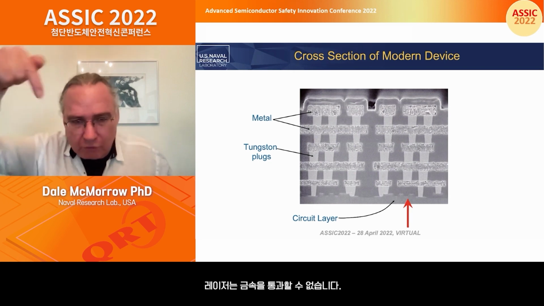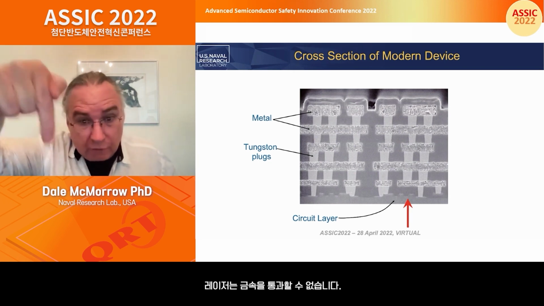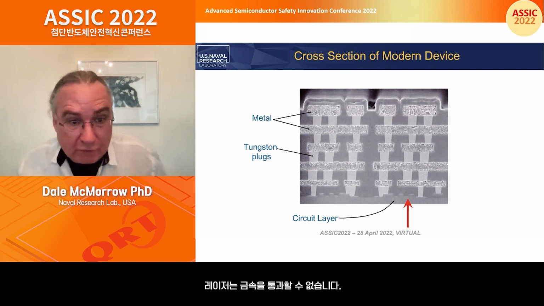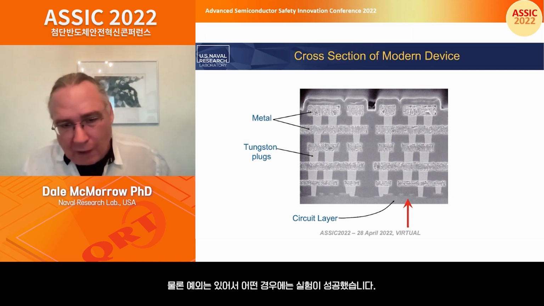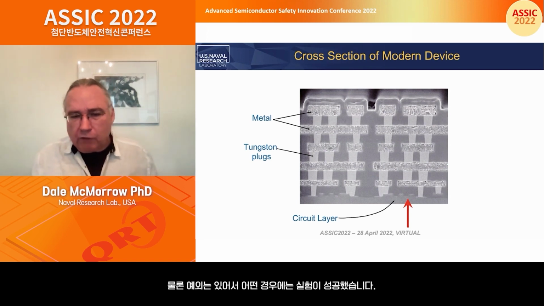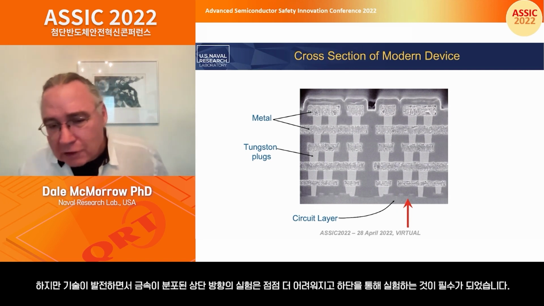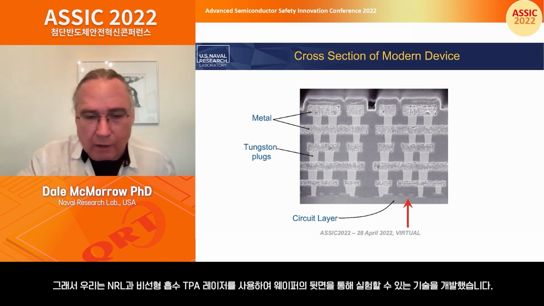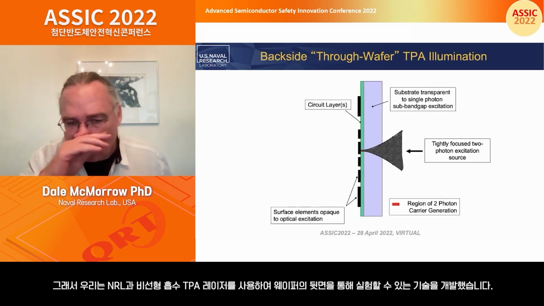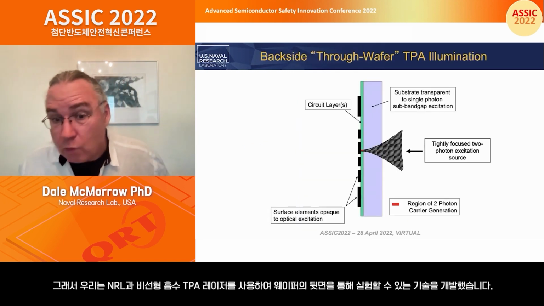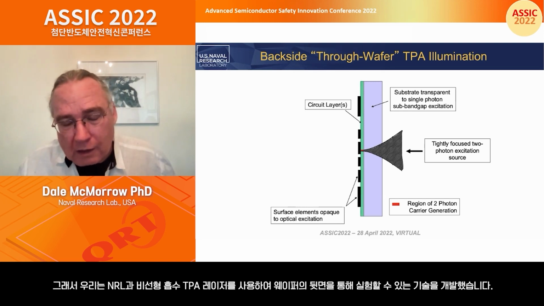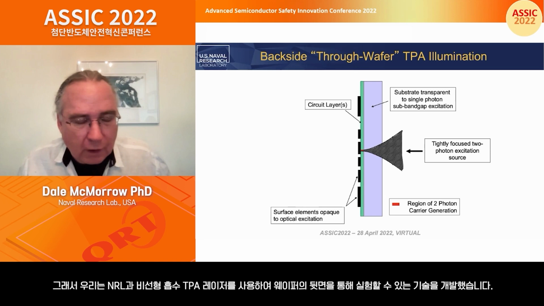And to basically get the light through this metal. I mean, there were exceptions, and we were successful in some cases. But as technology advanced, it became more and more difficult, and it became essential to come in through the backside. So we developed a technique at NRL to where we could go through the backside of the wafer using nonlinear absorption, 2-photon absorption, basically.